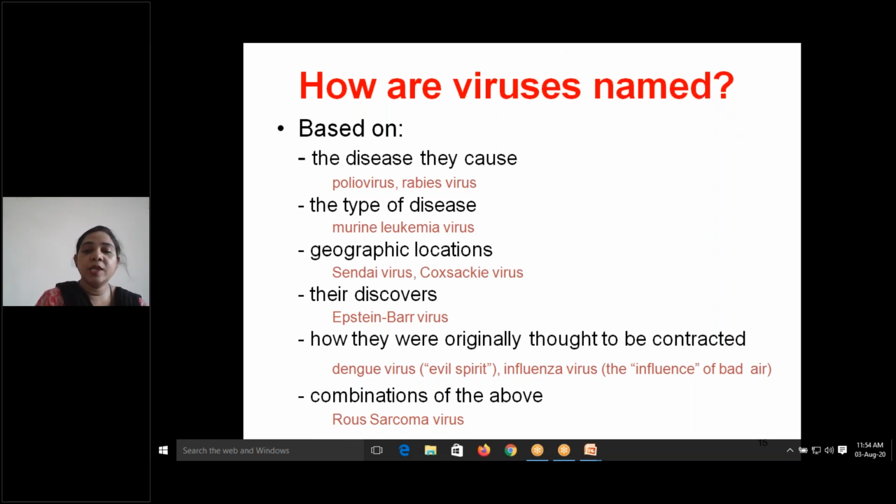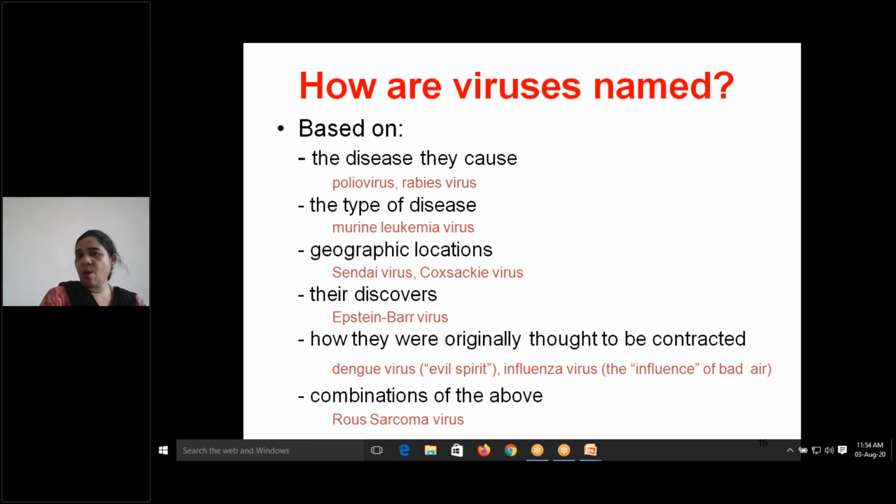Next, how they are contracted, whether from an egg or some spirit or by eating contaminated food. Example, dengue virus. What do you mean by dengue? Influenza variant, we are all associated with influenza.